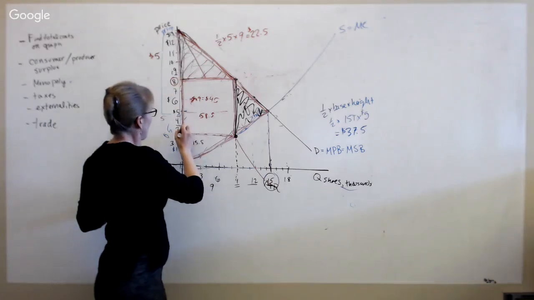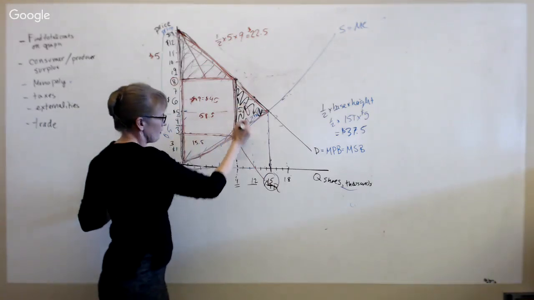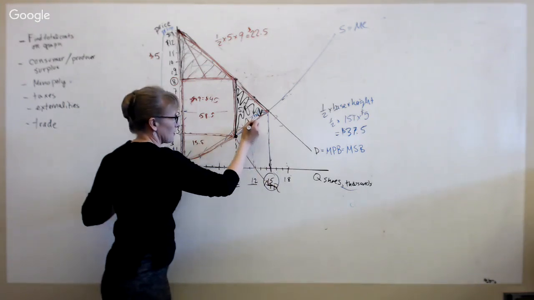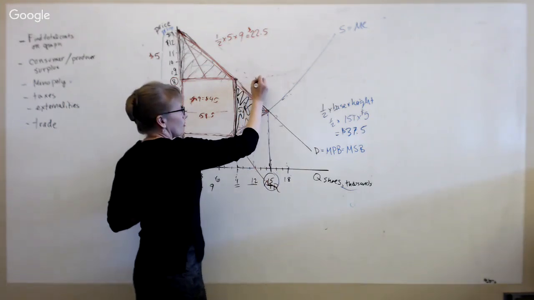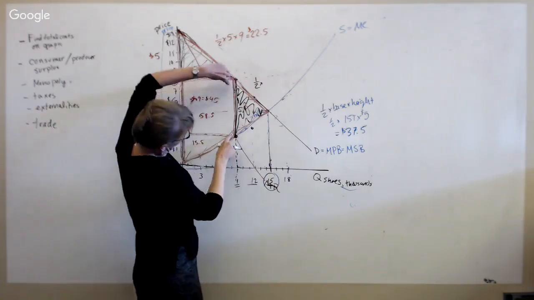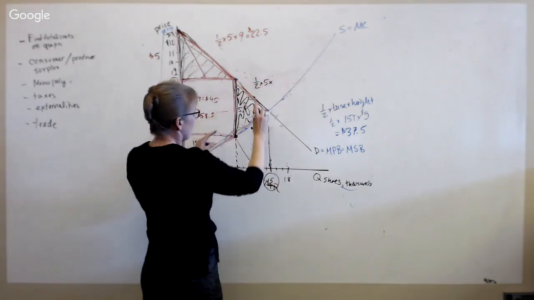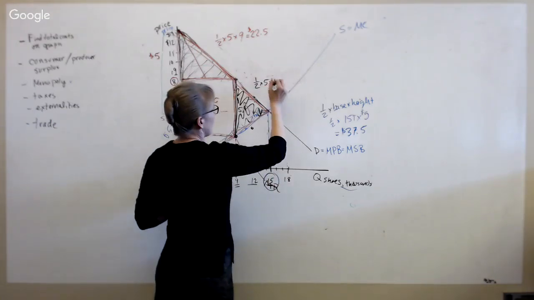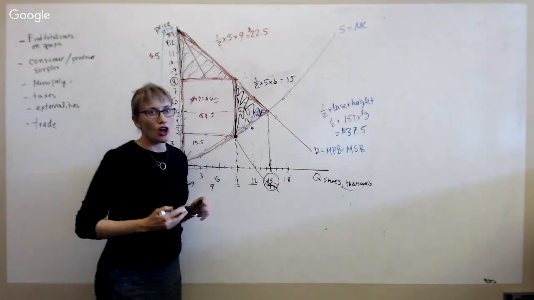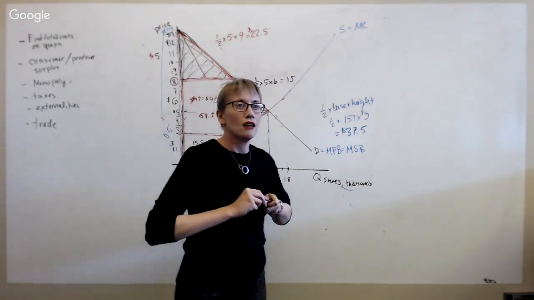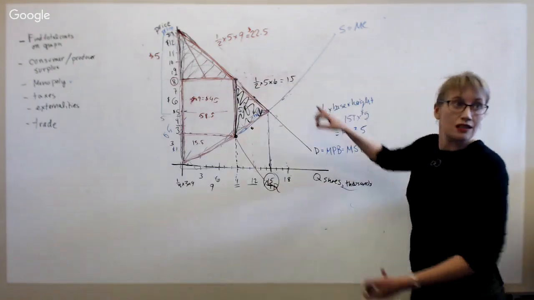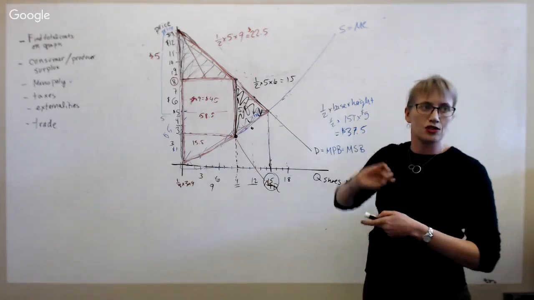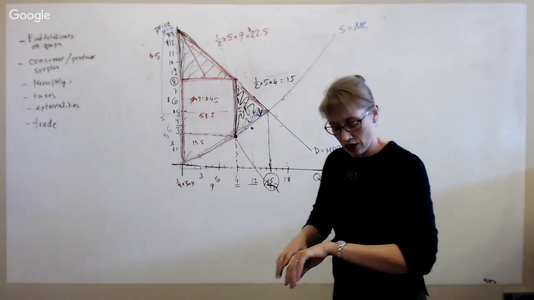So 8 minus 3, that's 5. 9 minus 15, that's 6. Area of a triangle is 1/2 base times height. Our base is 5. Our height is 6. 1/2 of 30, that's 15. So we have lost $15,000 of surplus because this market is monopolized. This is why economists don't like monopolies in general.